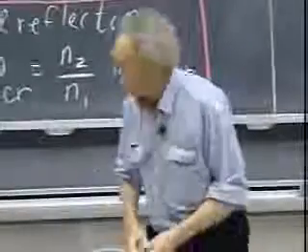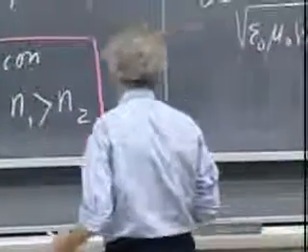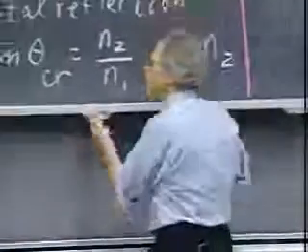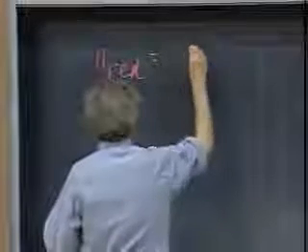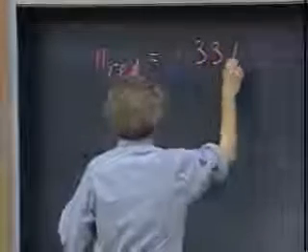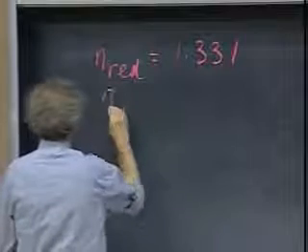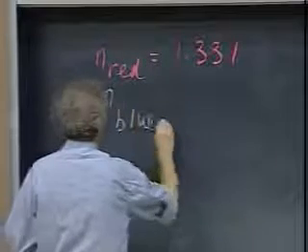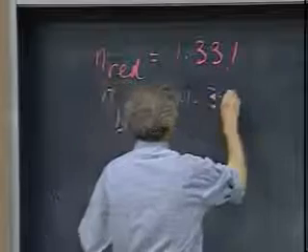The frequency effect is very noticeable. If you take red light and blue light, they have different frequencies, and therefore the index of refraction is different for red light and blue light. If I take water, the index of refraction for red light in water is 1.331, but the index of refraction for blue light in water is 1.343.